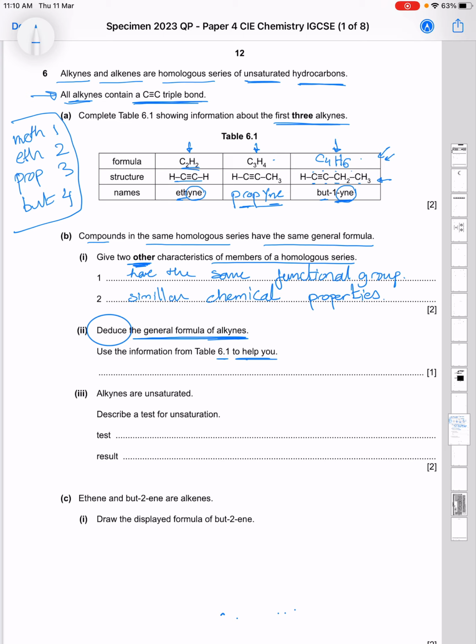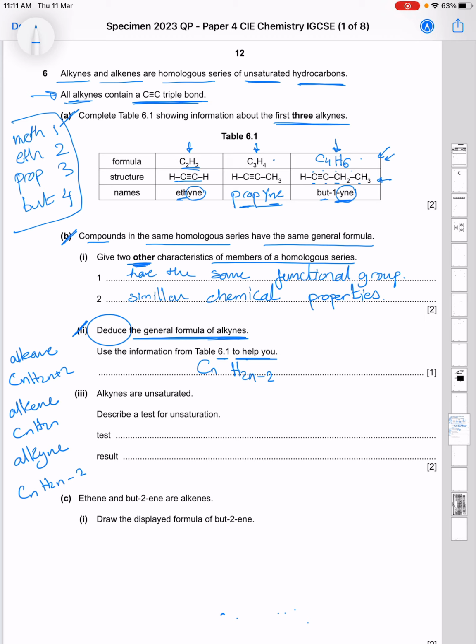So I would deduce the general formula CnH2n-2. Just a reminder, the general formula of the alkane is CnH2n+2. For the alkene, it's CnH2n only, and for the alkyne, now we already deduced it, it's CnH2n-2. These questions are skills questions where you use the information given and interpret the answer.